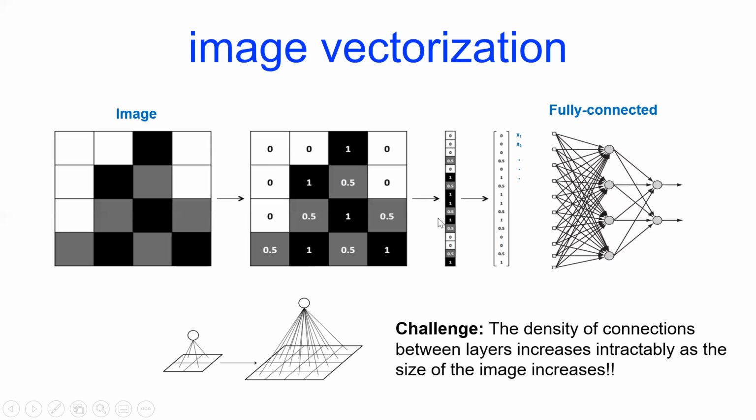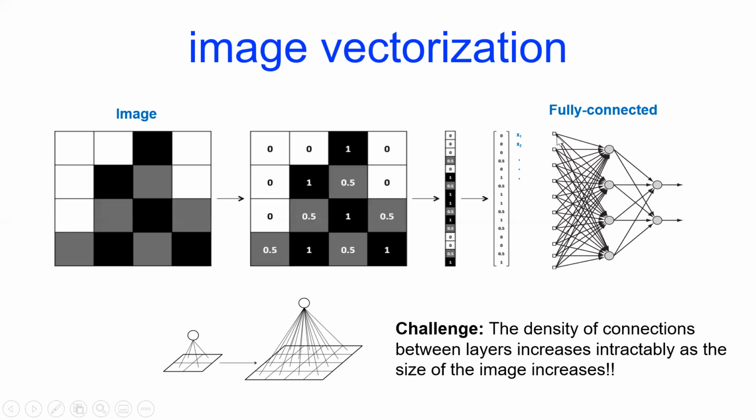Then each of those vectors is considered as an input to a neural network. I believe this is probably pretty much what you did during your homework 10, right? So actually you are doing something like this. This is what we call fully connected.